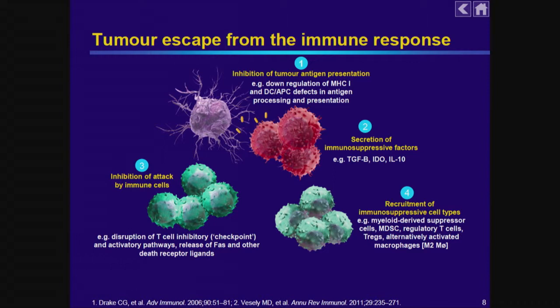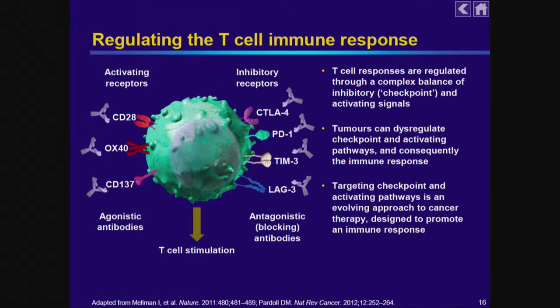You get a secretion of things like IL-6, IL-10, TGF-beta, and all of these will suppress the immune response. You get recruitment of immunosuppressive cell types, so myeloid-derived suppressor cells. You get disruption of the checkpoint inhibitory signaling and stimulatory signaling. So using all of these mechanisms, cancers learn to evade the immune response.